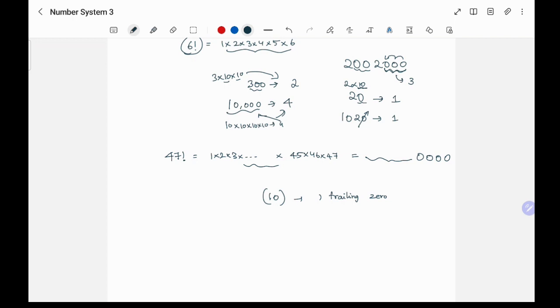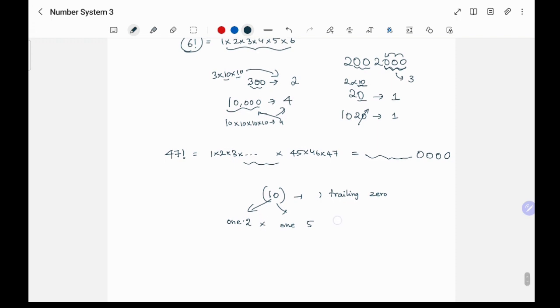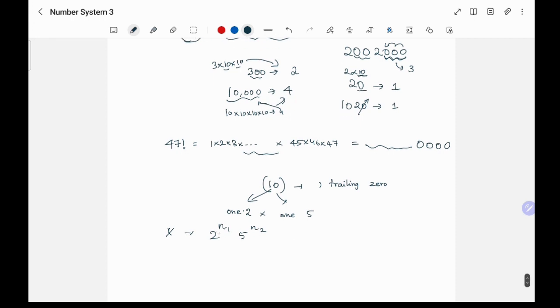So to get a 10, what do we need? We need one 2 and one 5. Right? One 2 and one 5. Let's say I'm prime factorizing any number x, and in the prime factorization I'm getting 2 power n1, that is n1 factors of 2, and 5 power n2, that is n2 factors of 5.